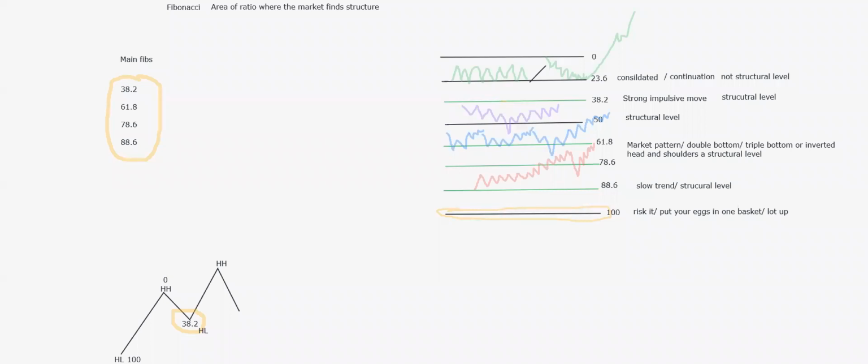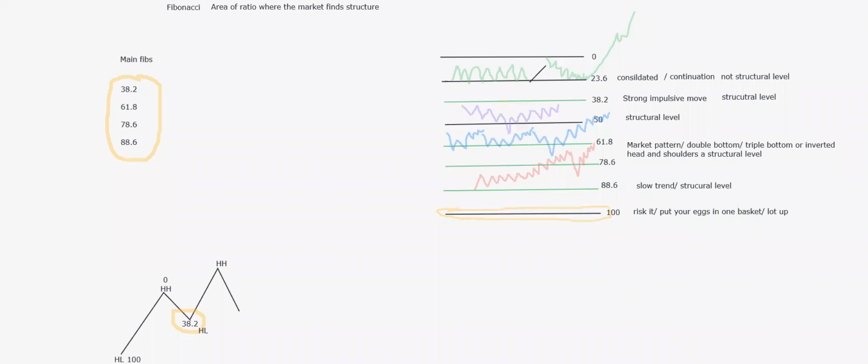It might keep trending down, might trend down to 61.8, right? It might create patterns in 61.8, but it may not have enough buyers in the market to push it up. So it might come to 78.6, right? If enough buyers aren't coming in, it might come to 88.6 and then possibly find its support and slow trend up.